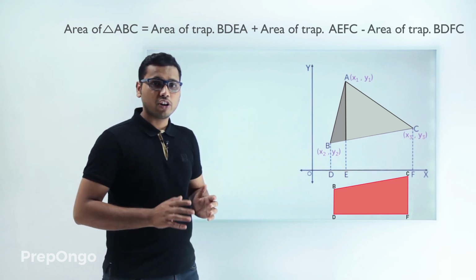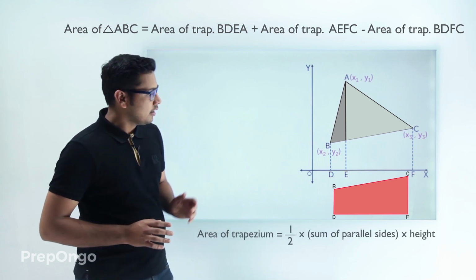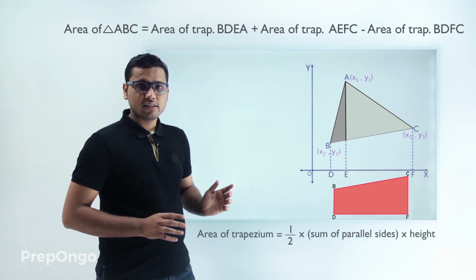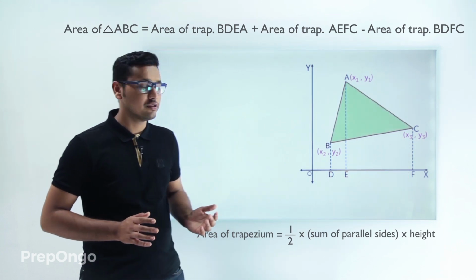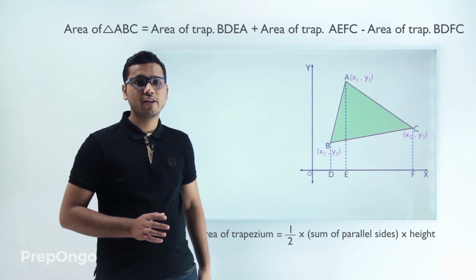And we know what the area of a trapezium is. It is half the sum of parallel sides into height. Now let's put the respective values in the relation to find the area of the triangle.